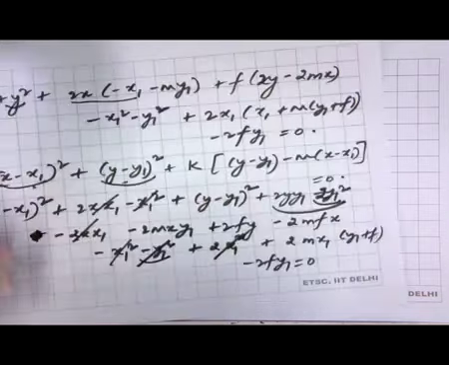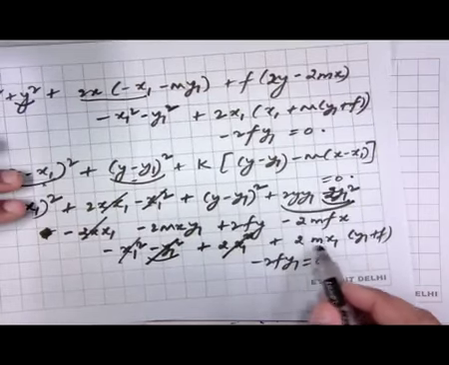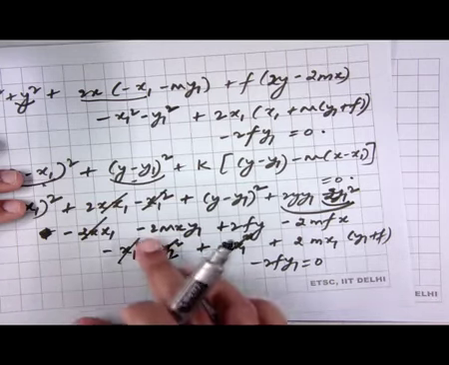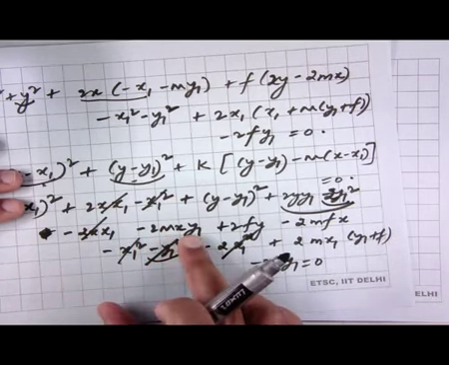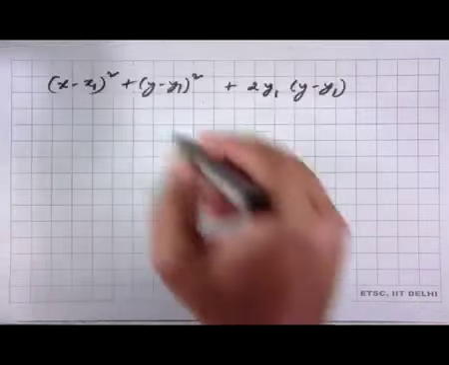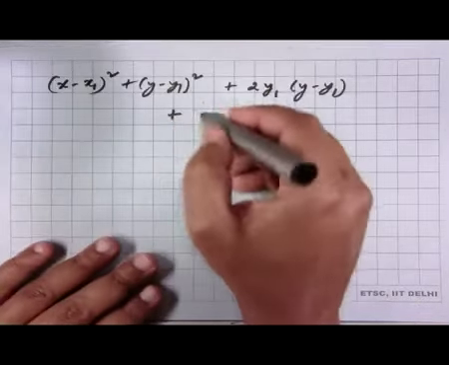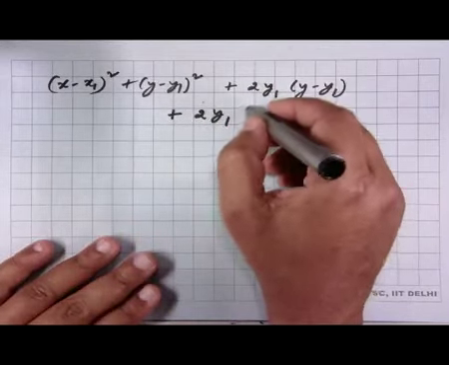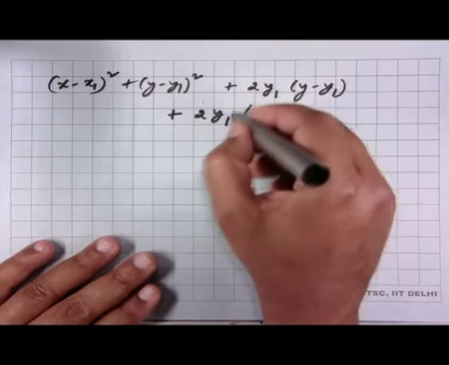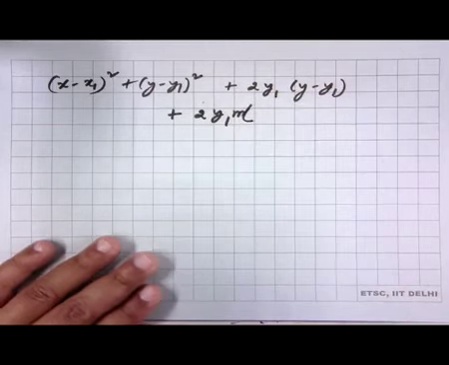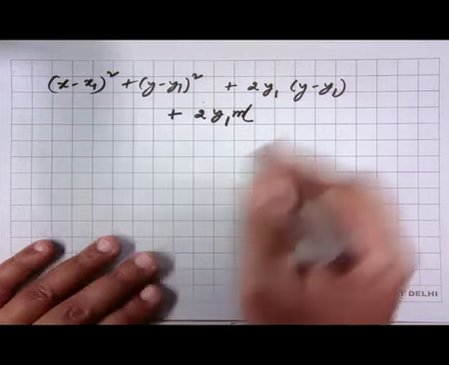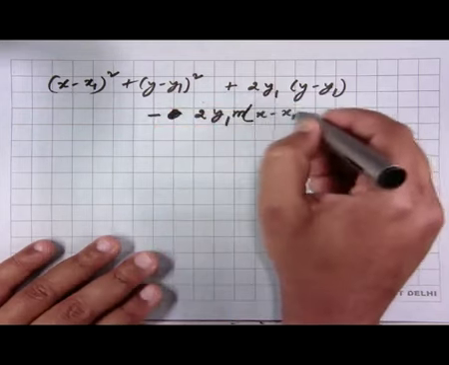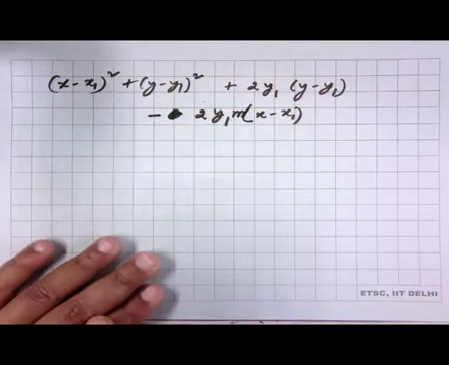Further, the term 2 m x1 y1 and minus 2 m x y1 can be combined, and we get plus 2 y1 into m times minus x minus x1.